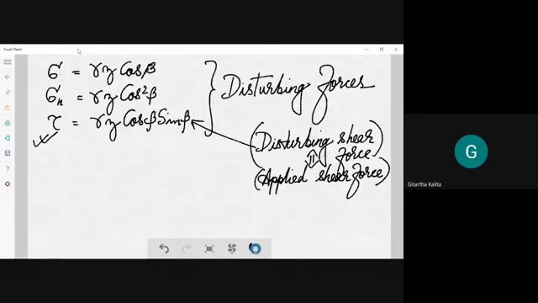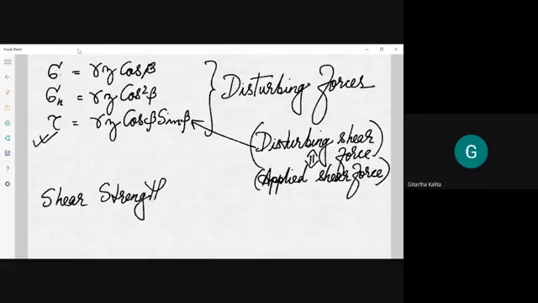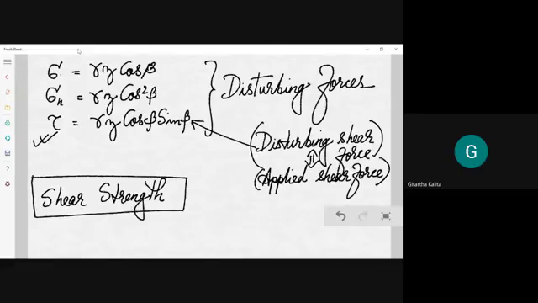Now there is one area of geotechnical engineering which deals with shear strength. This is generally taught at the higher levels, not right now, generally after this subject is completed, when in-depth analysis of shear strength is done.